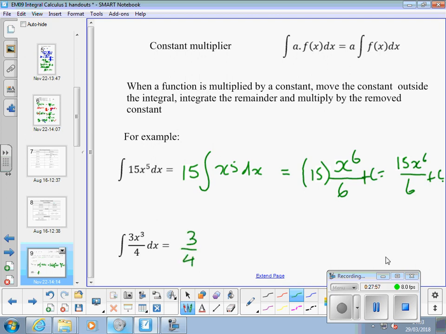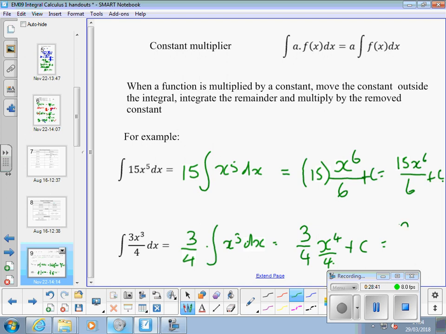Take the constant outside, times the integral, equals 3/4 x to the 4 over 4 plus C. We can multiply the 4s together, can't we?